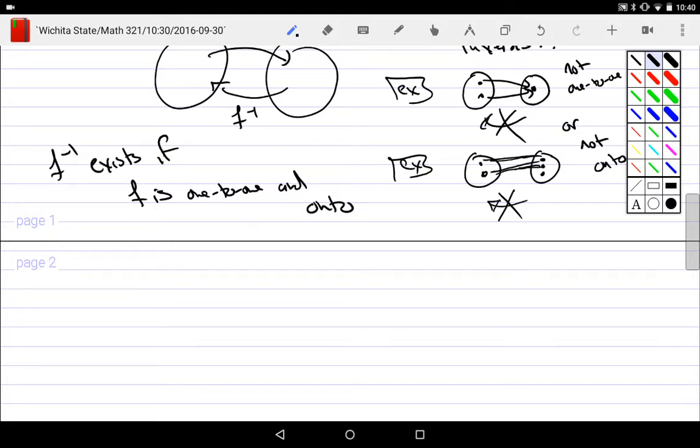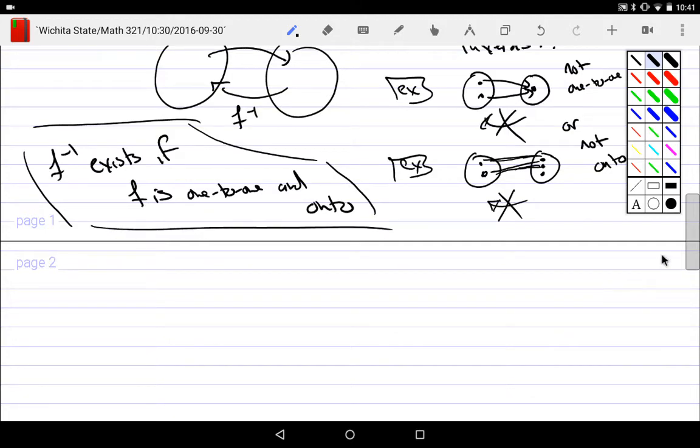Why do I use that symbology for this little flag, the -1? That's not a power, it's a flag. Because what's an additive inverse? Times -1. What's a multiplicative inverse? -1 power. So we tend to use this flag -1 to represent inverses because those are 2 classic inverses. So that's what's necessary for f inverse to exist.